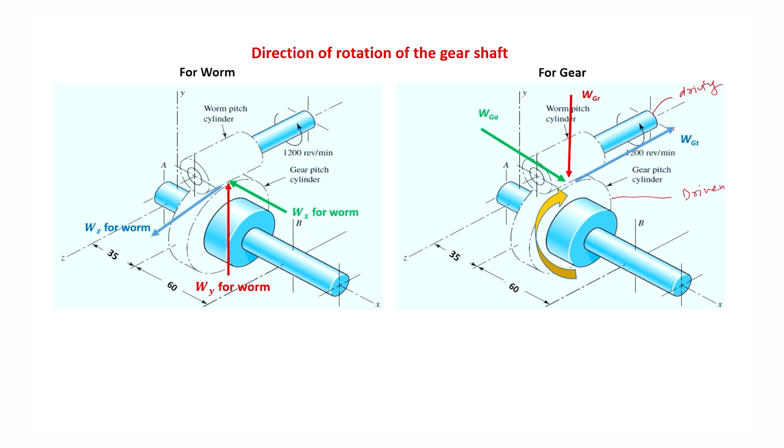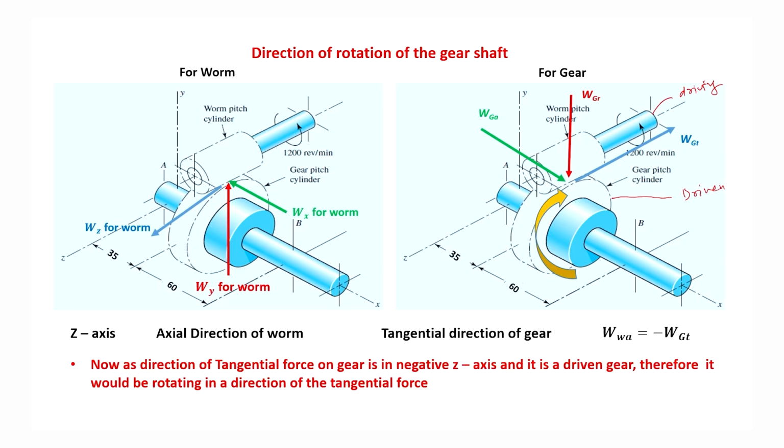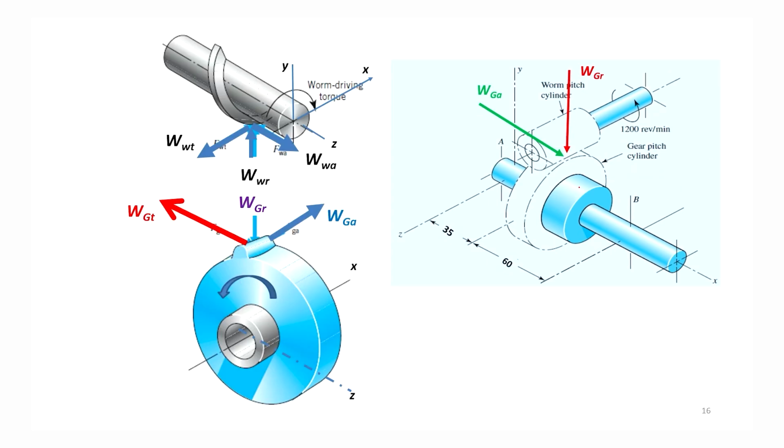It means when we see the gear from the positive x-axis, it is rotating in the clockwise direction. So, in this way, we determine the direction of rotation of the gear. So, it is clockwise direction when viewed from the positive x-axis.